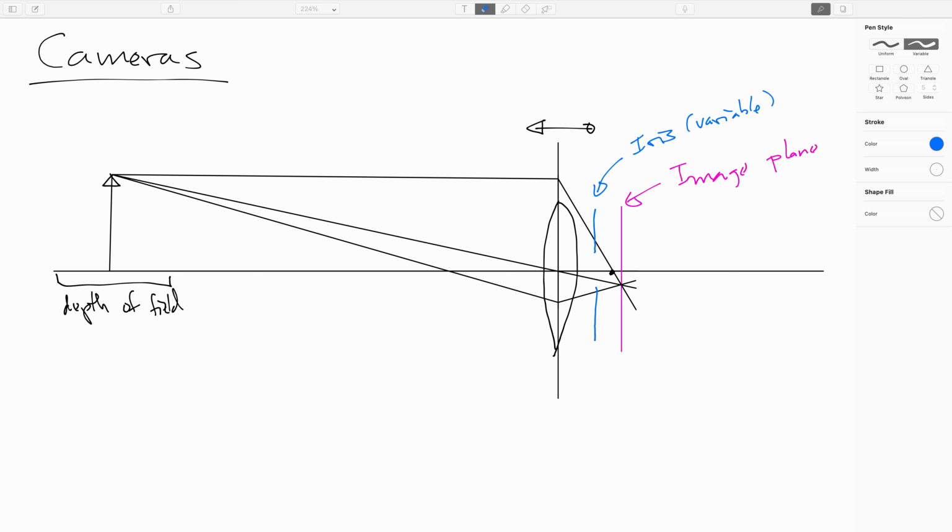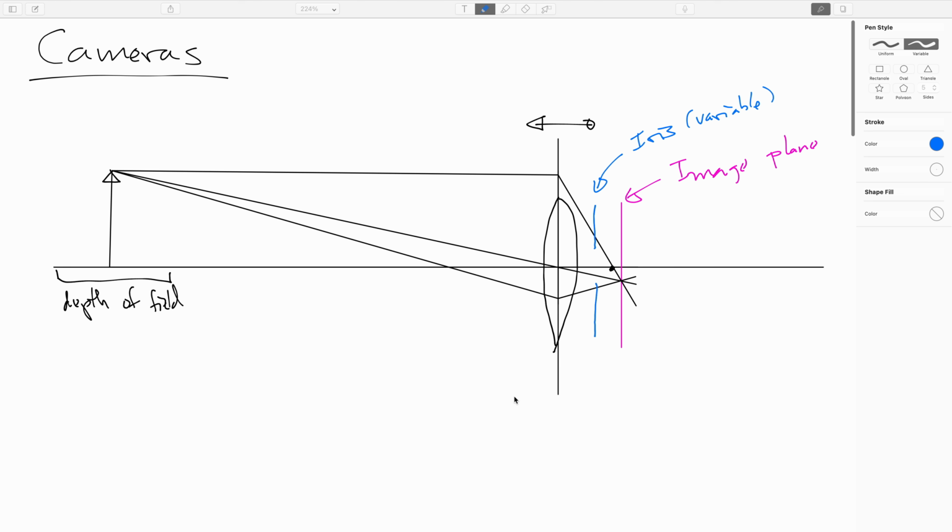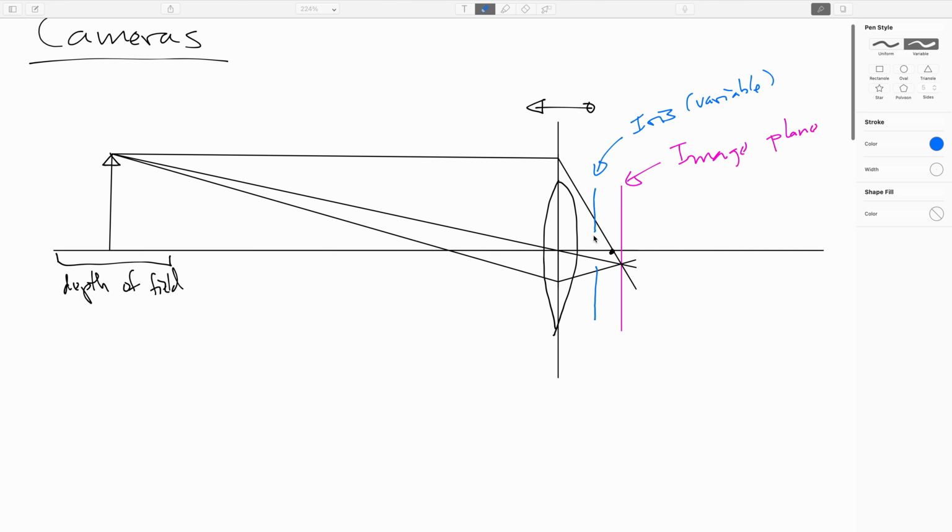Now, the way you can characterize how much light gets in is what's really mattering here. So I put in the iris, I have constricted how many rays are going to hit the CCD array. And the way that this gets characterized is with a quantity called the F-number of the lens.